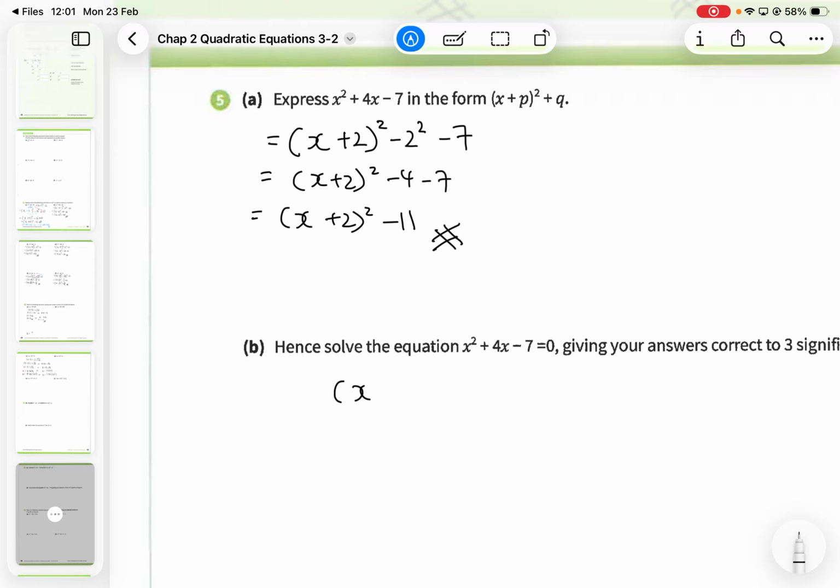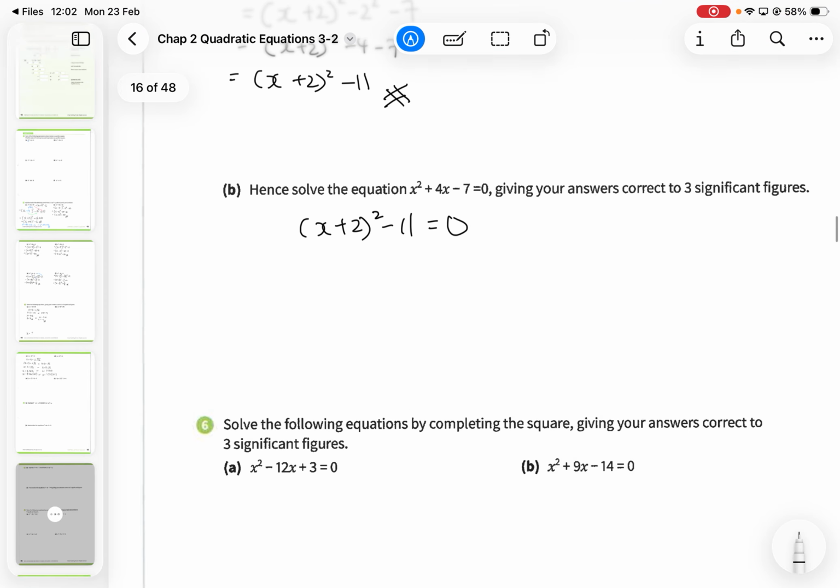Then from there, if I can complete the square, I can bring my number to the other side and continue with square rooting both sides. Like that. Then I bring my 6.